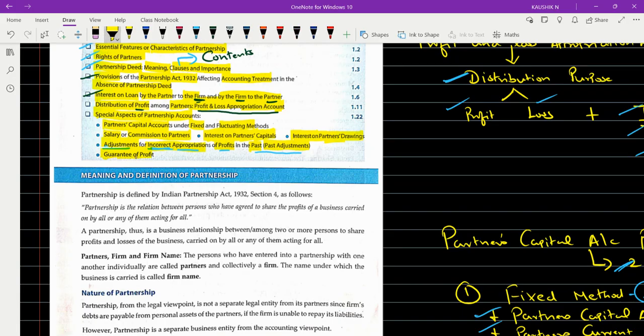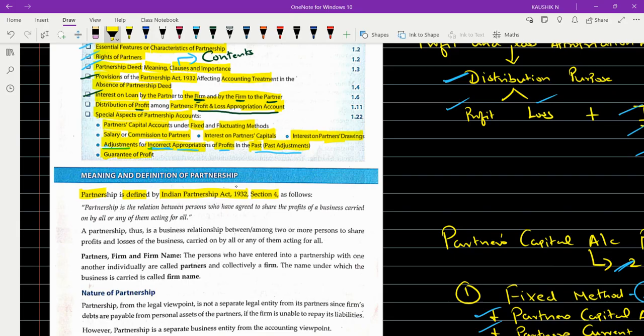Partnership is defined by an act which we call the Indian Partnership Act 1932. In that, you have a particular section called Section 4. Section 4 of the Indian Partnership Act 1932 defines the partnership business.